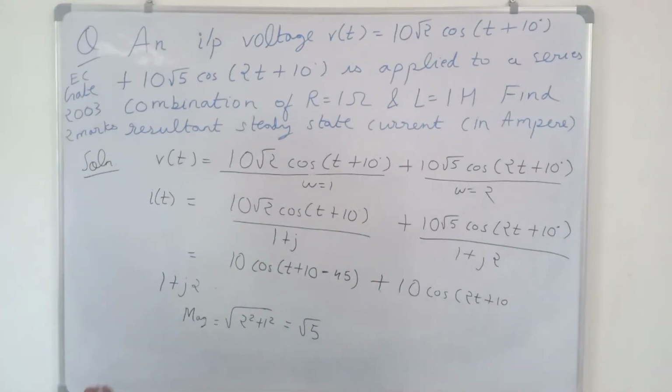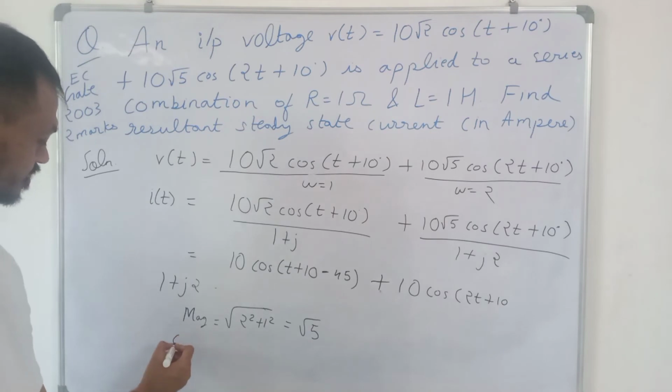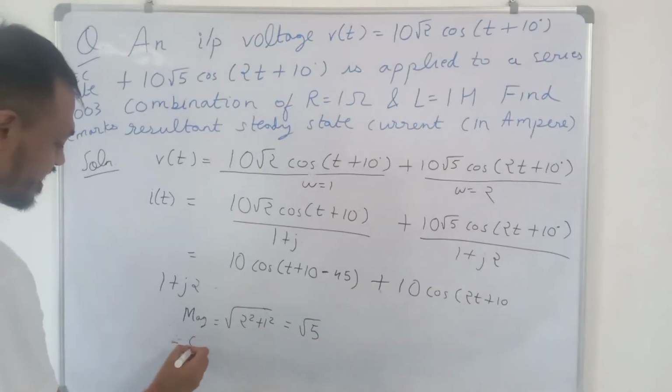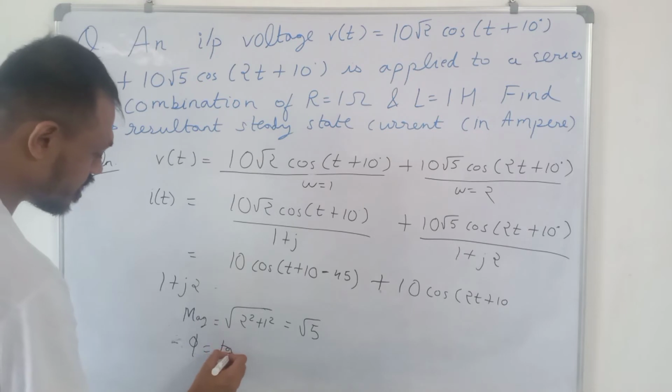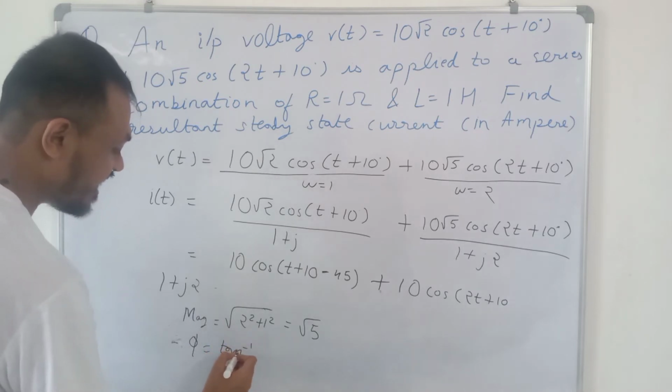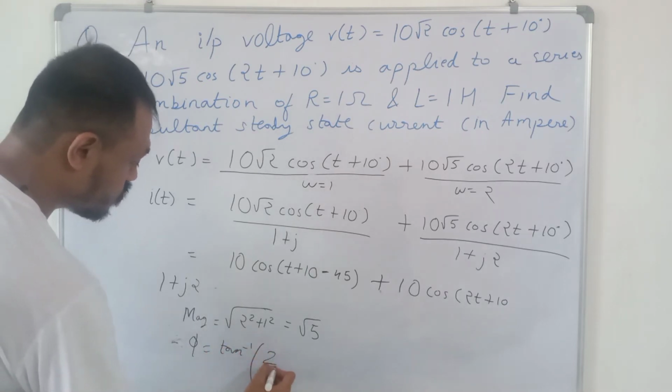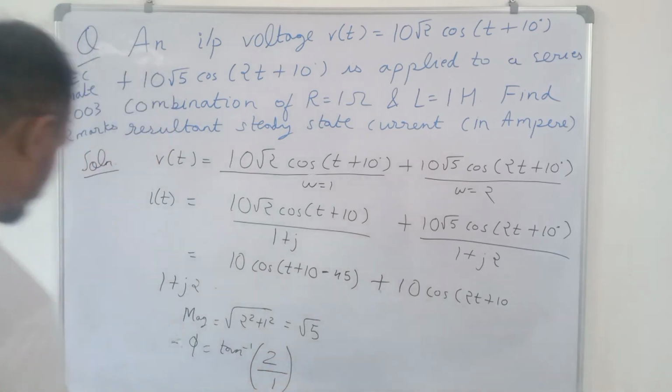And now we have to find the angle. So phase will be phi equal to tan inverse of 2 upon 1.